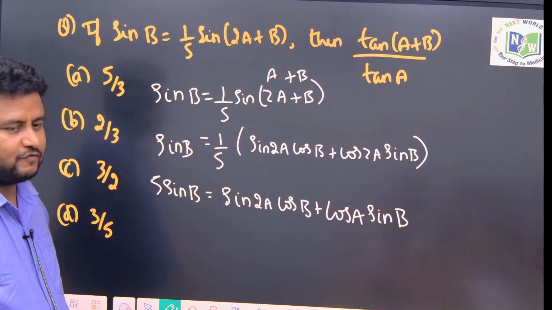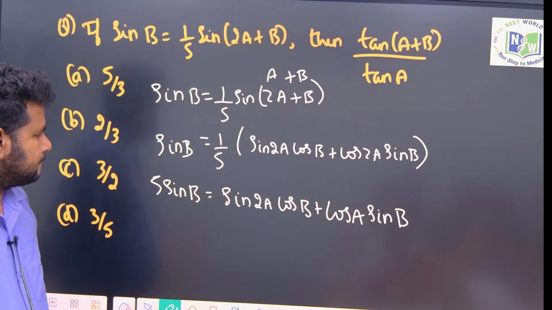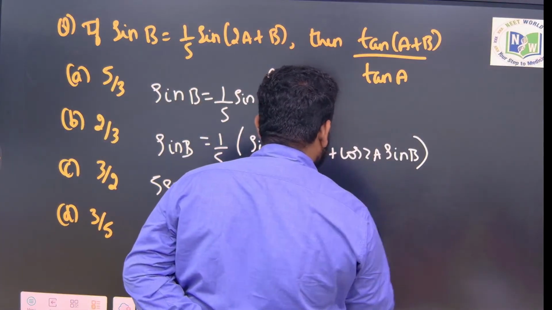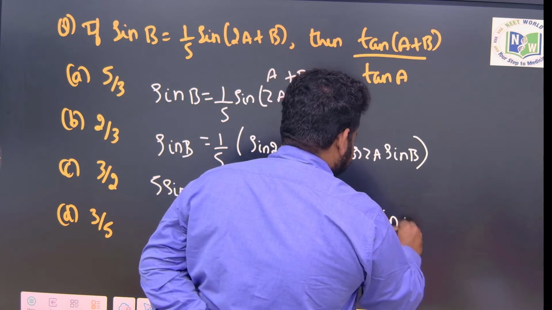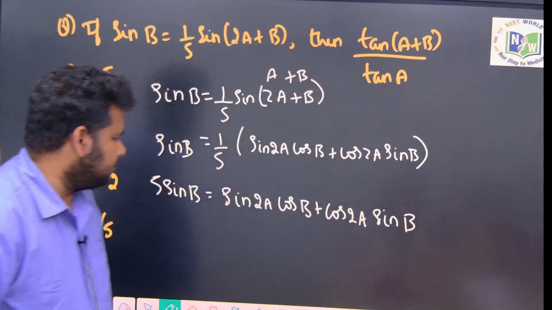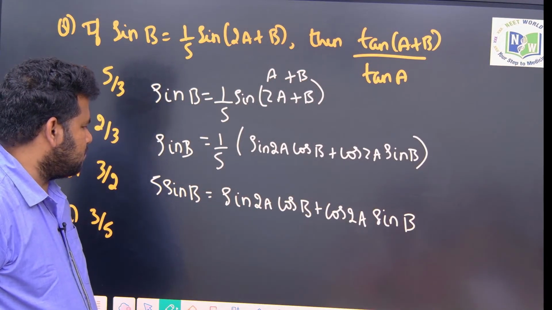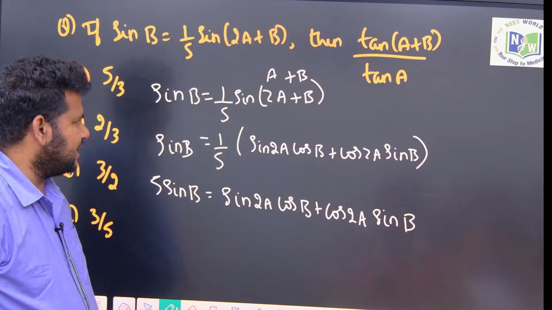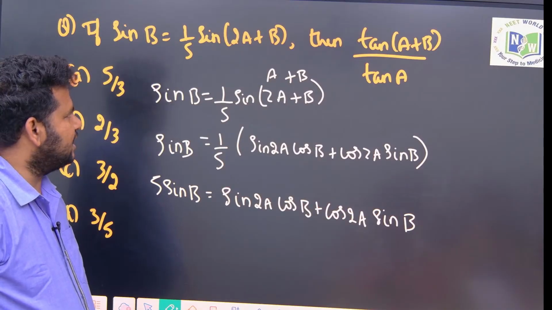Now, what can we do as the next step? Think correctly. This is cos 2A, no? Correct, it should be cos 2A sin B. What can we do here? How will that help us?